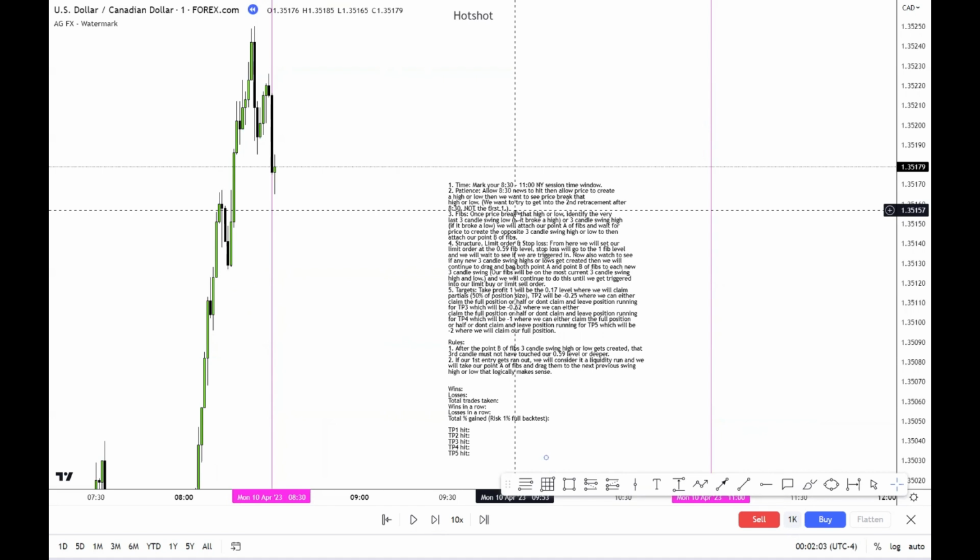Now, what is that? That specific intermediate term high or low is a swing that gets pretty much held, like it holds price. It shouldn't get ran through. In other words, price should not run through this intermediate term high or low.